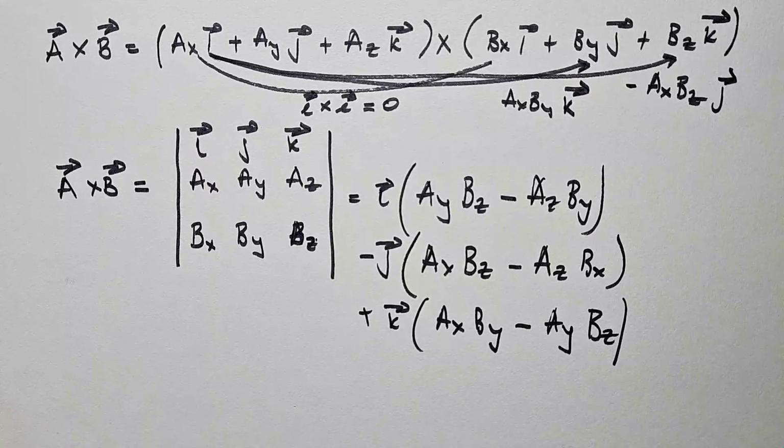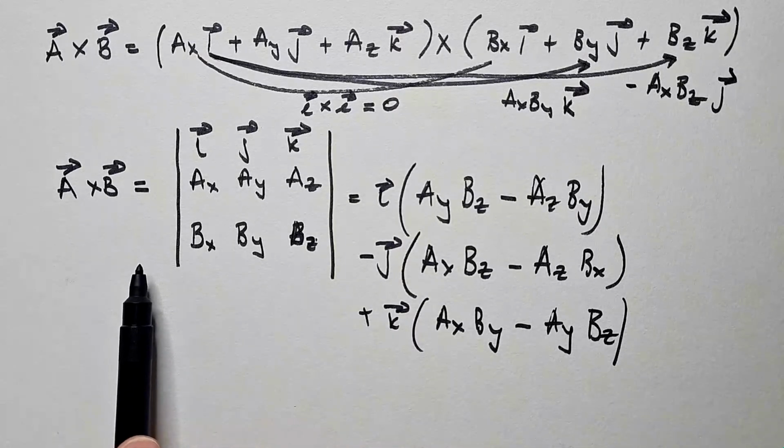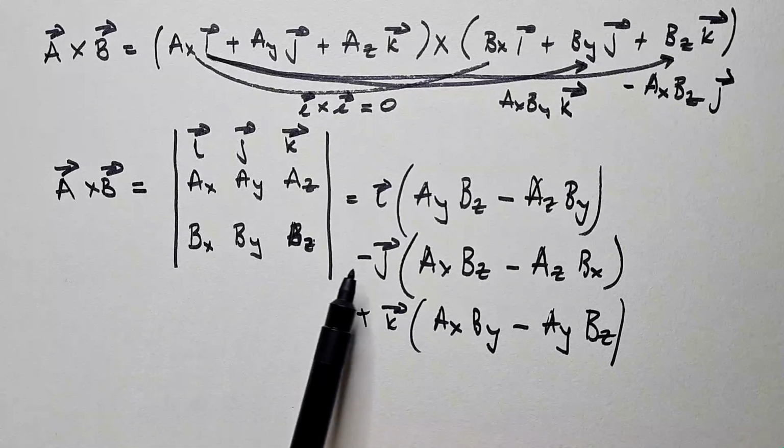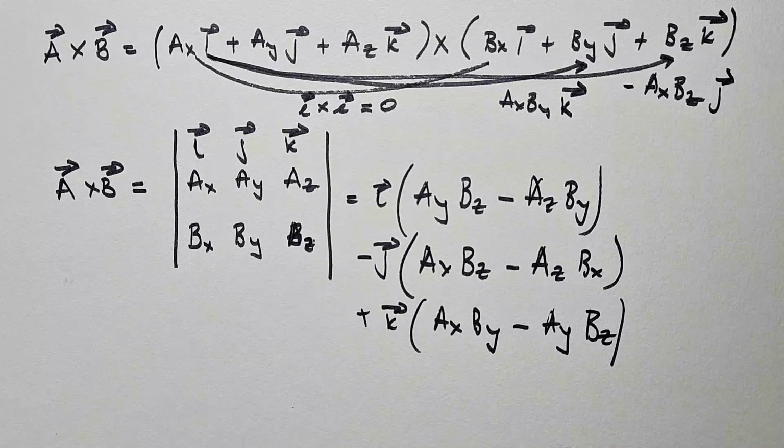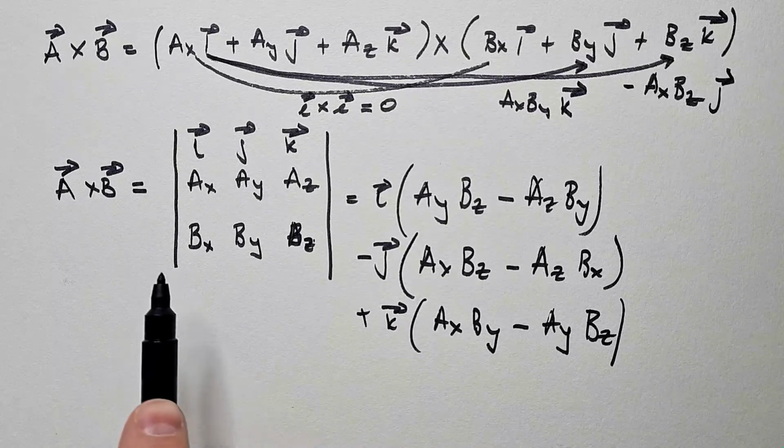Now I would like to mention something here, as famously Professor Herb Gross, one of my heroes when it comes to teaching mathematics from MIT, said: if there is a list of reasons for inventing determinants in mathematics, calculating cross product would be at the very bottom of that list.